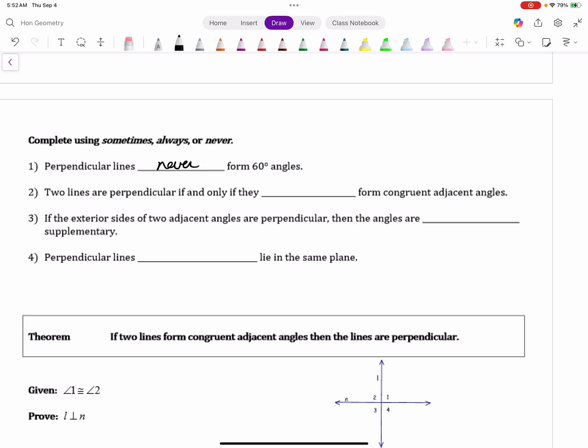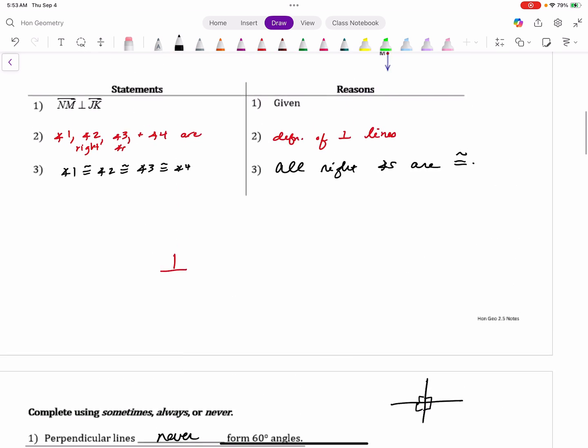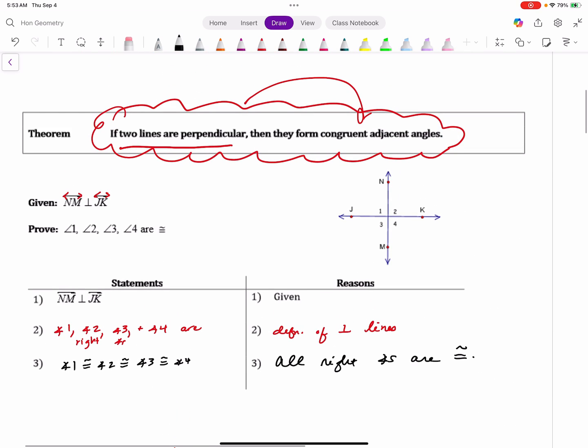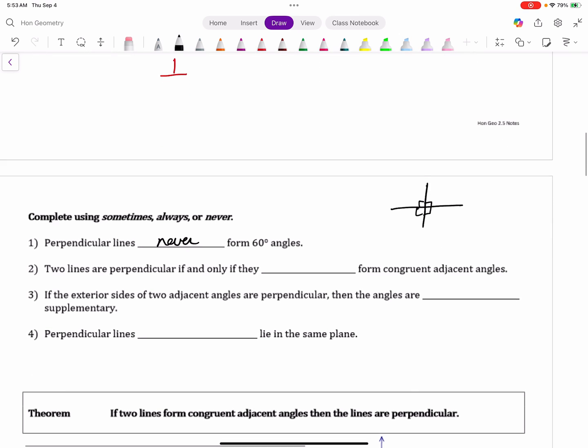Two lines are perpendicular if and only if they form congruent adjacent angles. We kind of just proved that. But it is a biconditional. So if you have two lines that do form congruent adjacent angles, then they also have to be perpendicular. So that is always true.